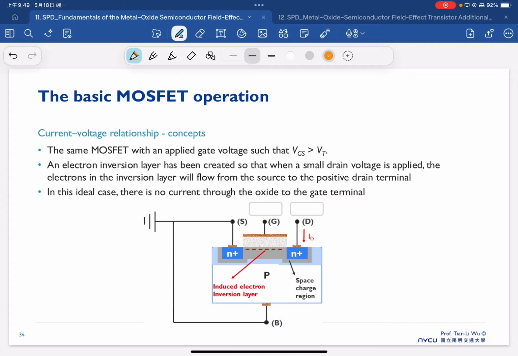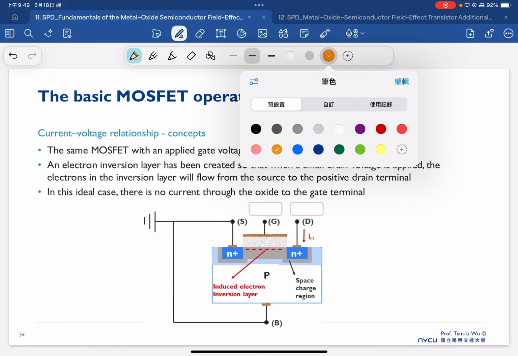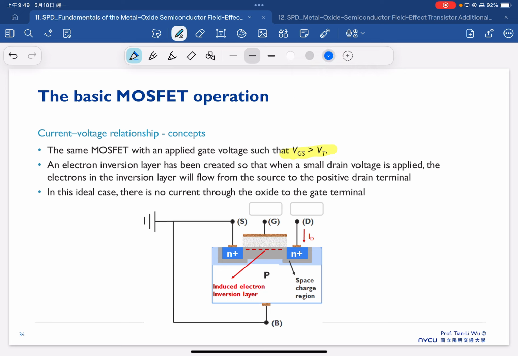The next consideration is once our gate bias is larger than the threshold voltage, which means VGS is larger than VT, and still with a positive VDS here.